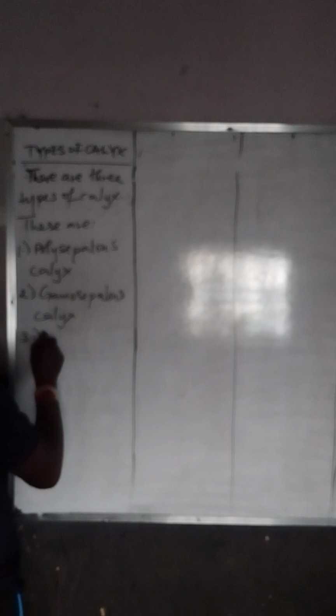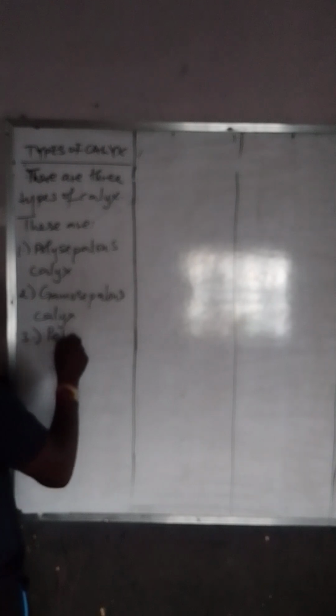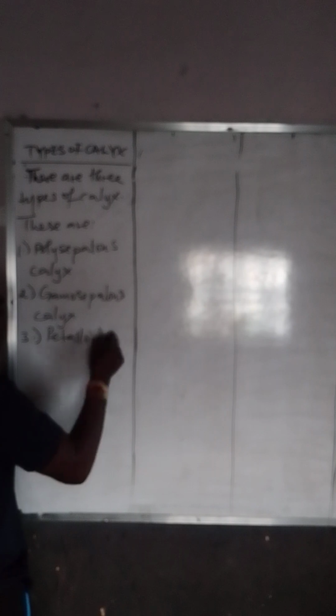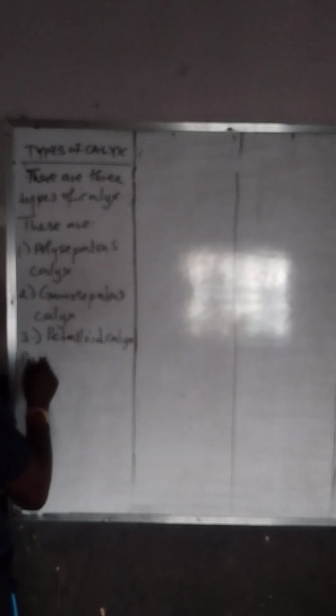The third one is called petaloid calyx. So let's look at the first one, polysepalous calyx. What is polysepalous calyx?